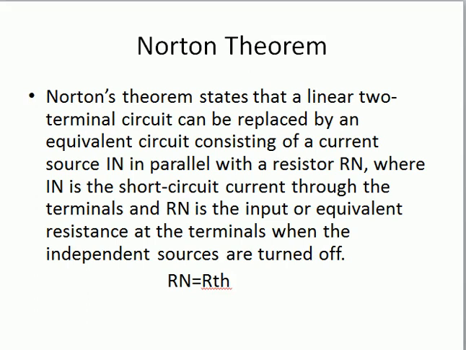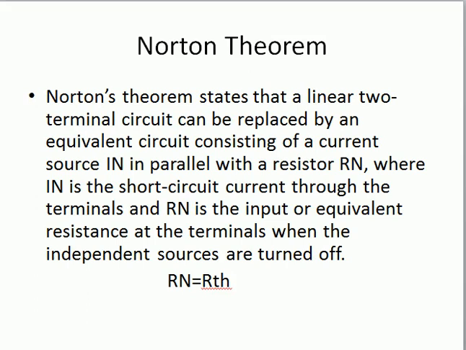You may see there is basically the source transformation. It is just like the Thevenin theorem, but the only difference is that this is the source transformation. In Thevenin theorem we have the VThevenin, and here we have the IN.